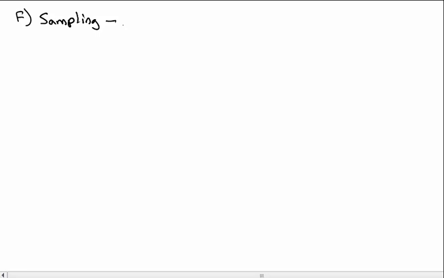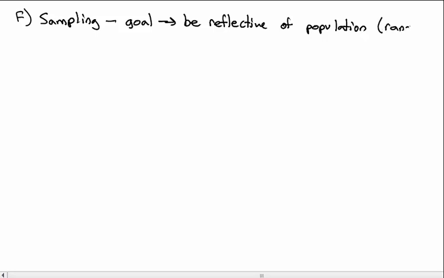So instead, we're going to do a sample to find a statistic that hopefully represents the parameter of the population. The goal, as we collect this sample, is to be reflective of the population. Essentially, what we're asking is that things be random.